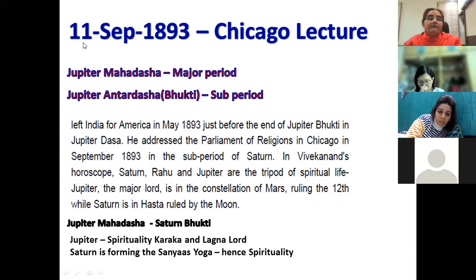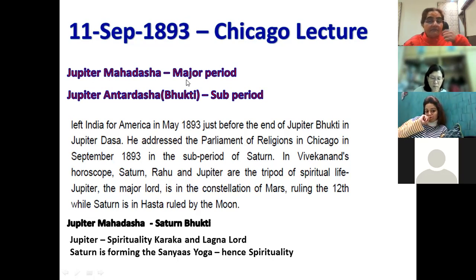Now, on 11th September 1893, he gave the lecture in Chicago. That was Jupiter Mahadasha and Jupiter Antardasha Bhukti. This is what comes in my software, but he says it was Jupiter Mahadasha and Saturn Bhukti. A little bit of variation, but I can satisfy this with both.